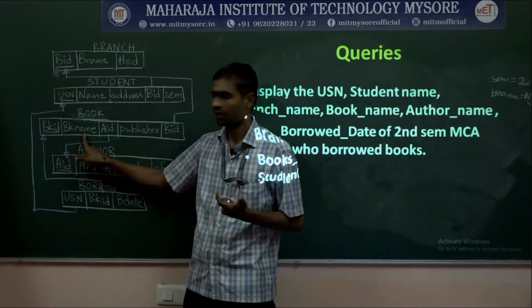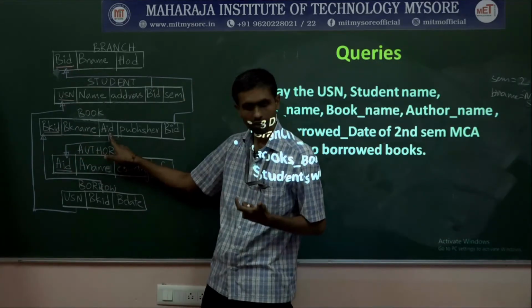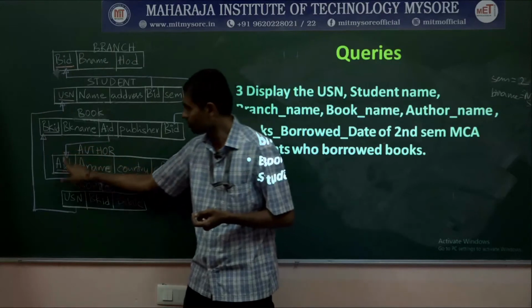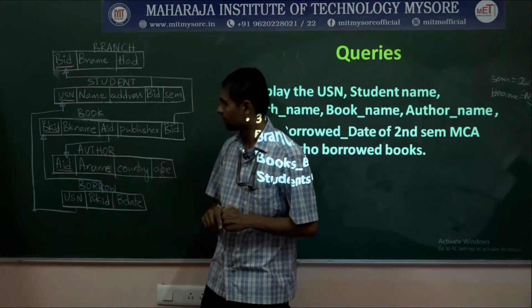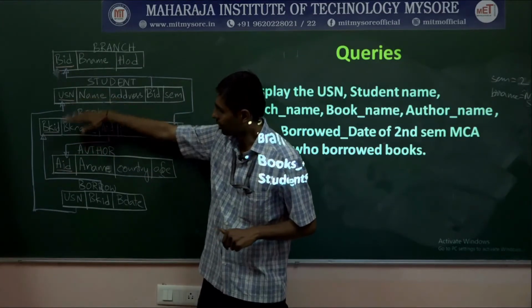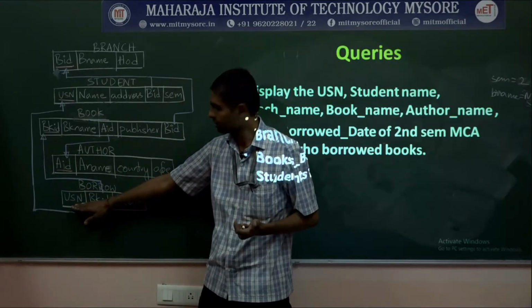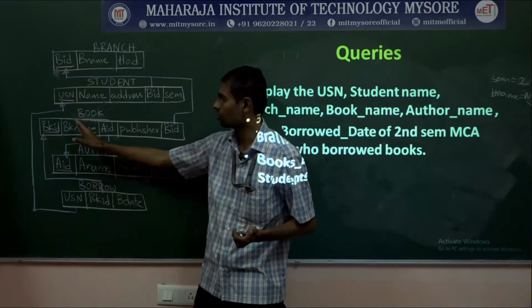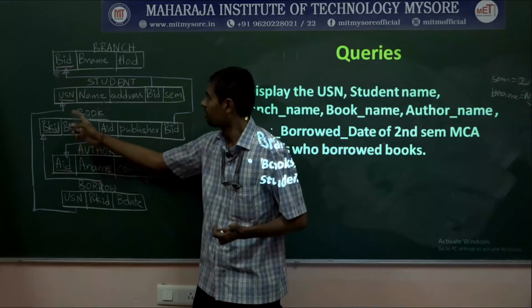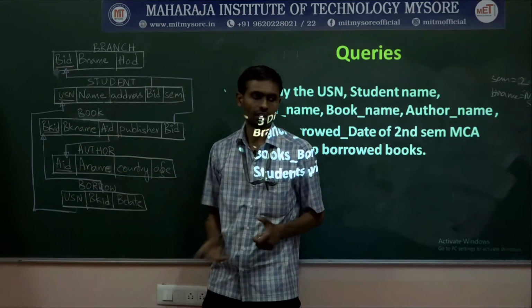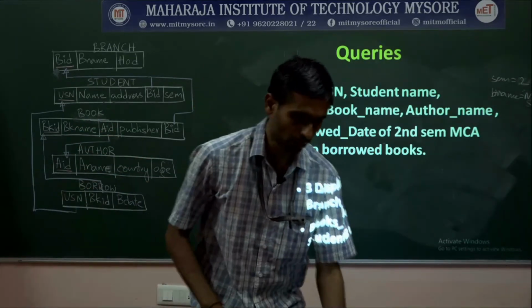Then I'll get a book name. Then how can I get an author name? Make use of this AID and it takes us to the author table, display author name. So s.usn should be equal to borrow.usn, then borrow.book ID should be equal to book.book ID, then book.aid should be equal to author.aid. That's it.